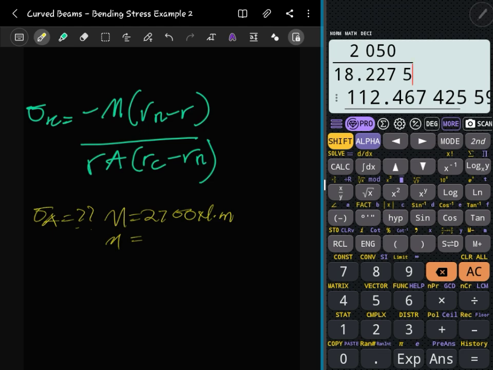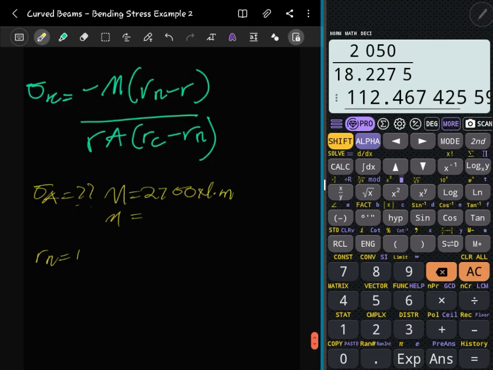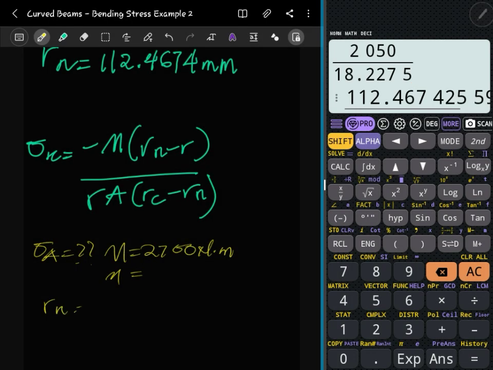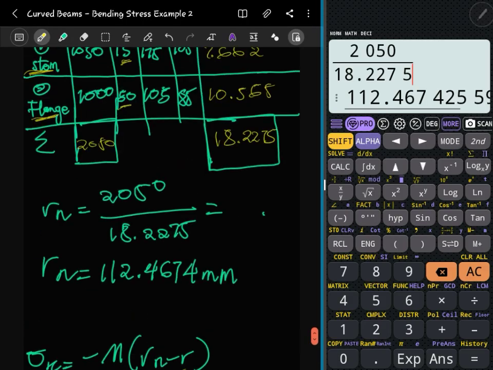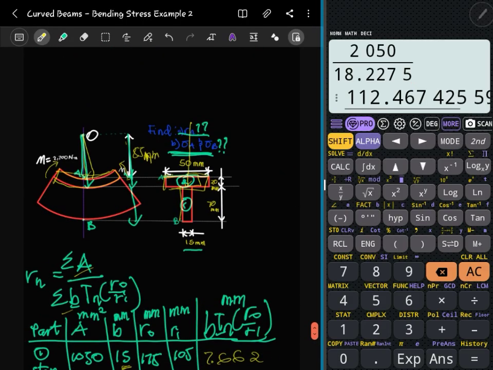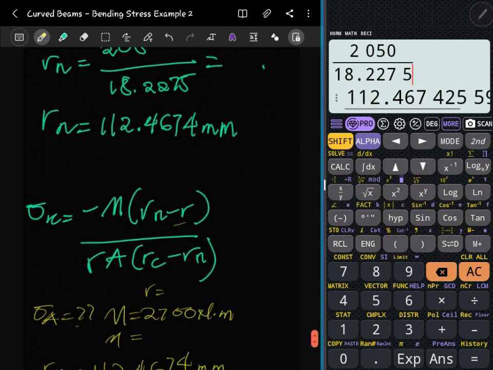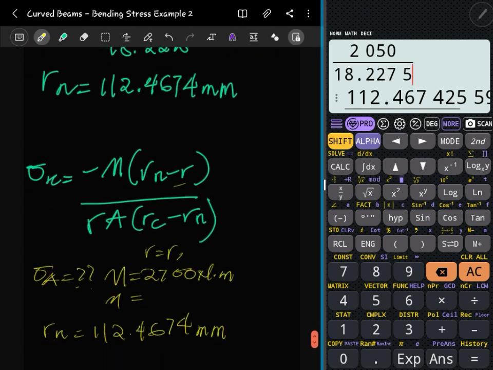And then what do you have for Rn? Now we found Rn. We have that to be 112.4674 mm. Our R at A will be the same as this 85 here, so R is 85 mm.